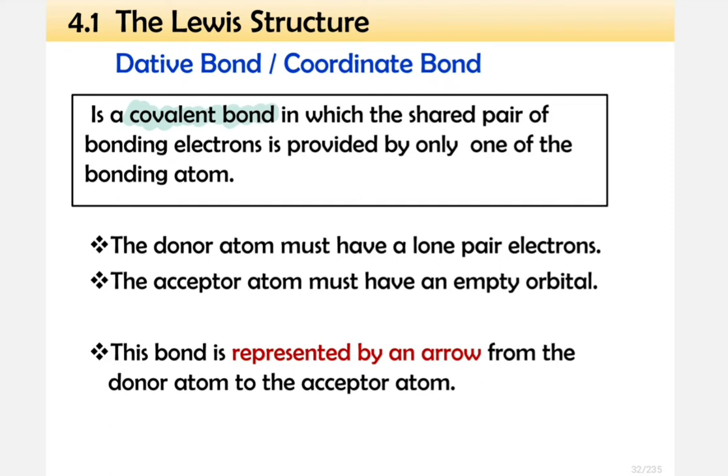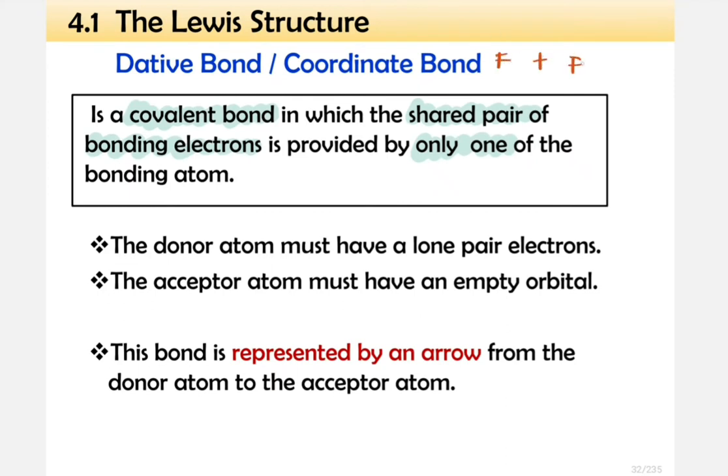Apa yang beza? In which the shared pair of bonding electrons is provided by only one of the bonding atoms. So satu atom sahaja yang akan provide the electrons to be shared. Saya explain sedikit about the definition.